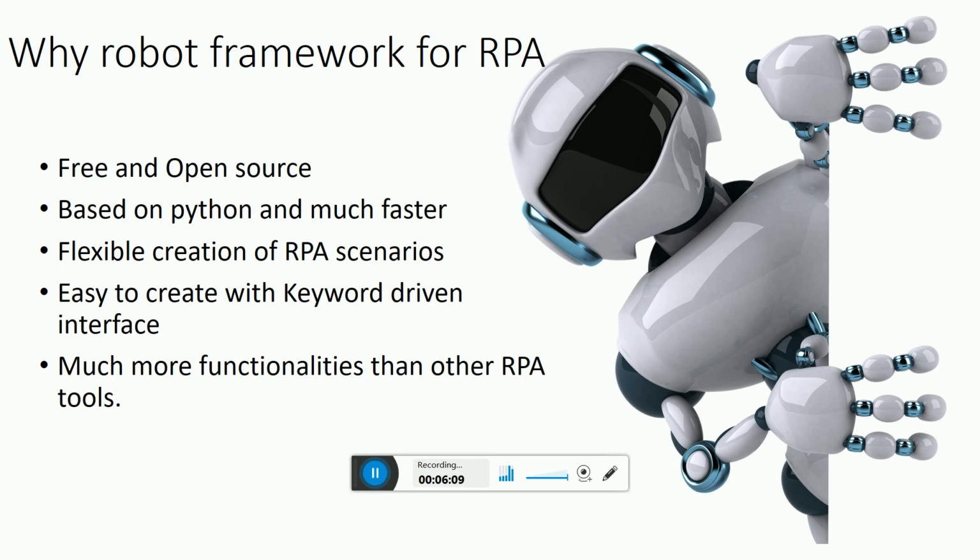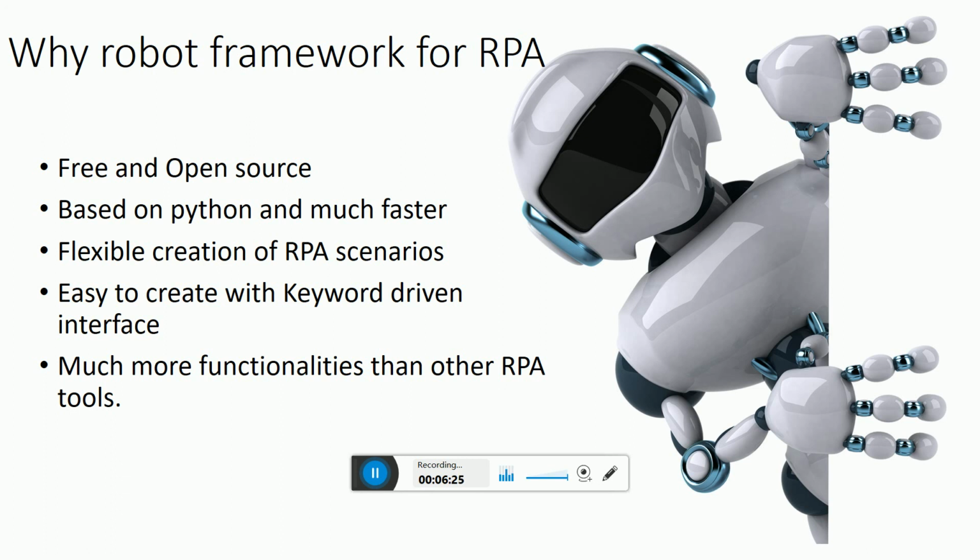So why Robot Framework for RPA? It is a free and open source tool like UiPath, but based on Python it is much faster than UiPath. Flexible creation of RPA scenarios: you can import multiple libraries and interact with multiple libraries in a single scenario.